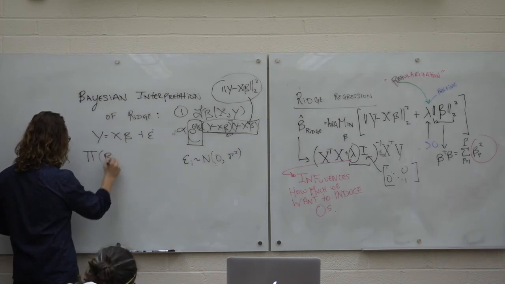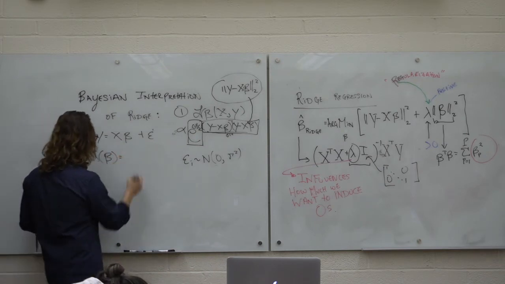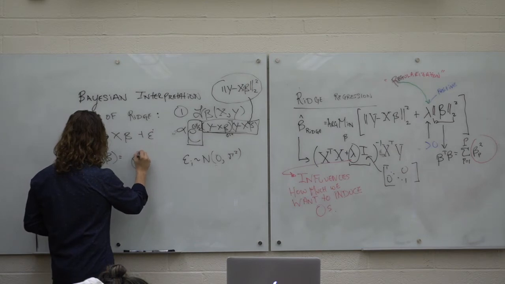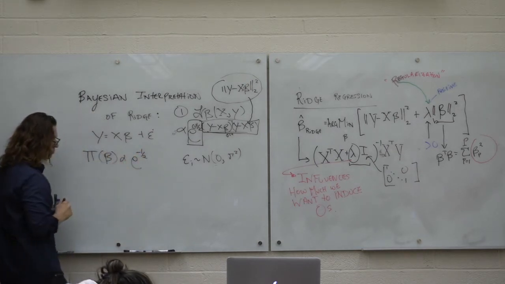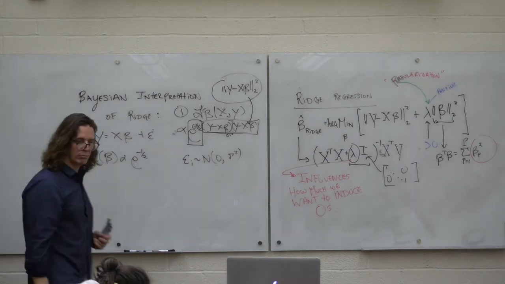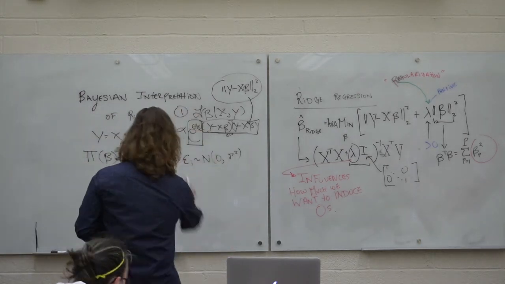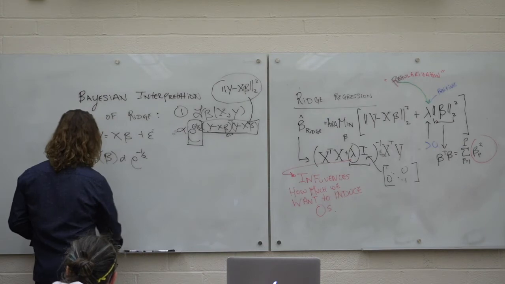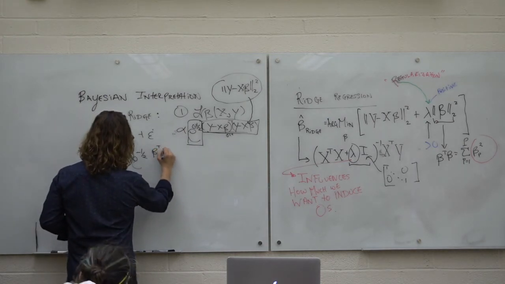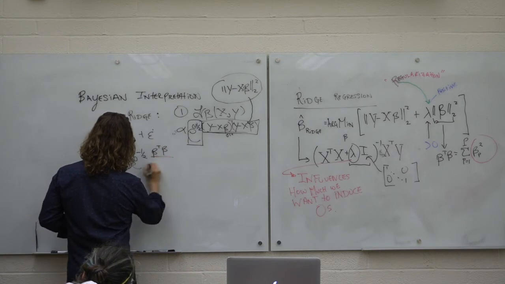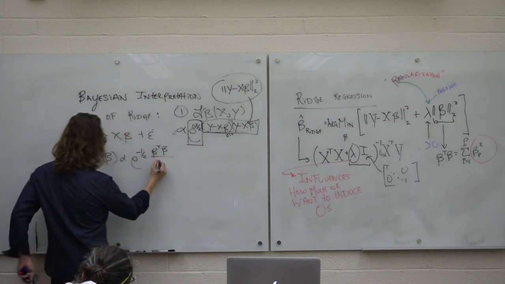So the prior distribution is equal to, I'll say this is proportional to, e to the minus 1/2 beta transpose beta over something right here.